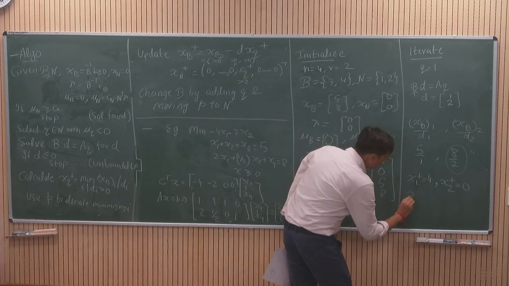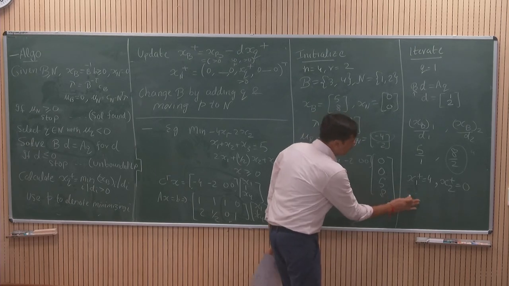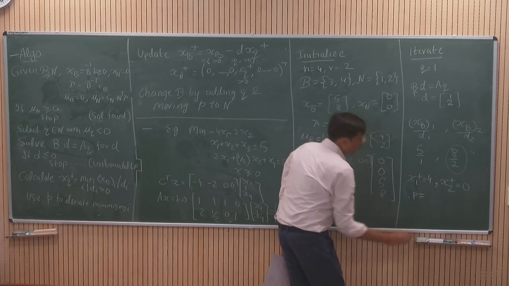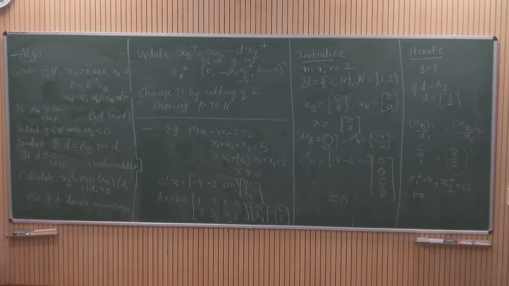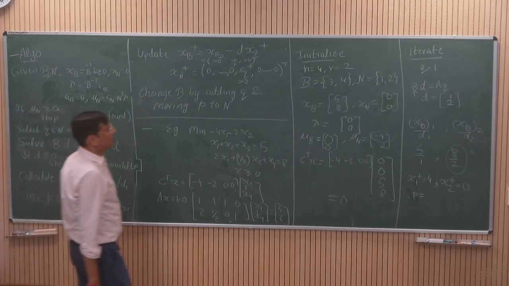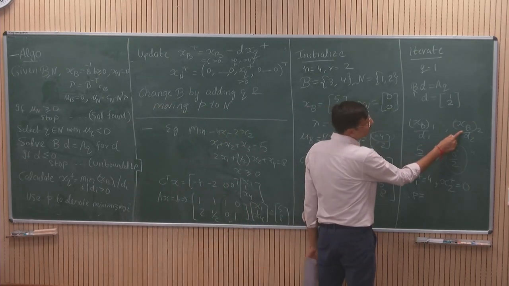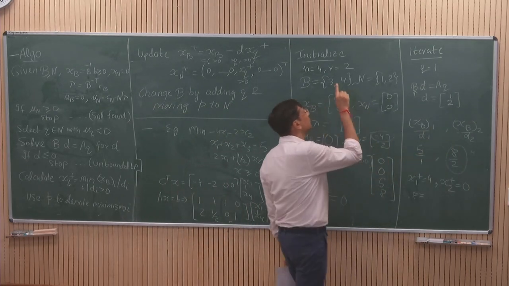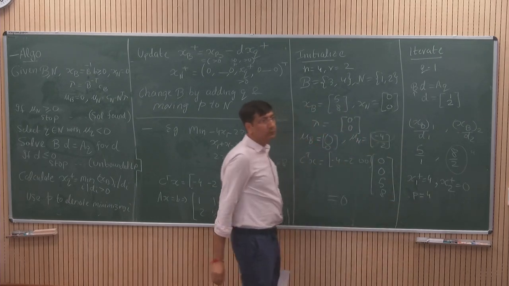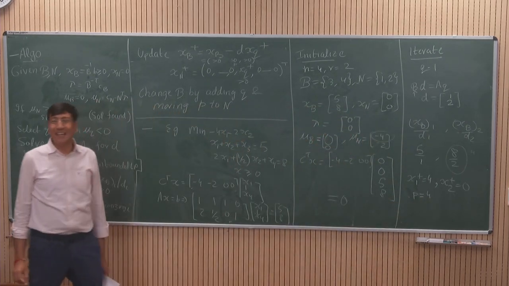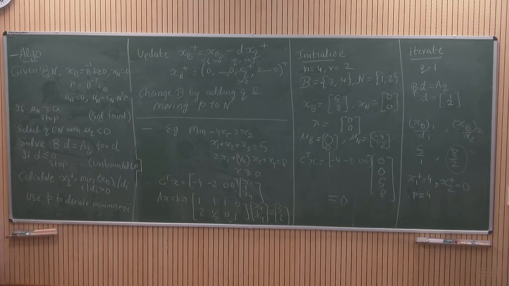What is happening to X? What is your P now? What is your P? Yeah, it's 4. Why? It's the second index of the B set. The second index of the B set is 4. So P is 4. It's the minimizing i. Everybody with me?